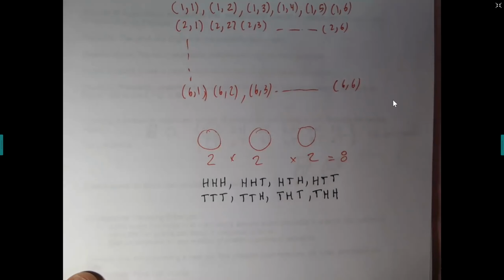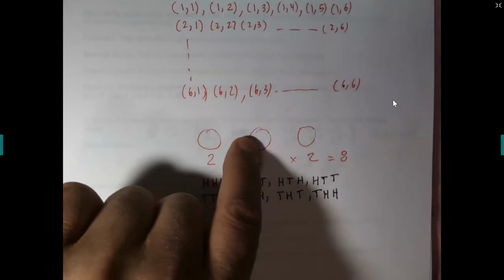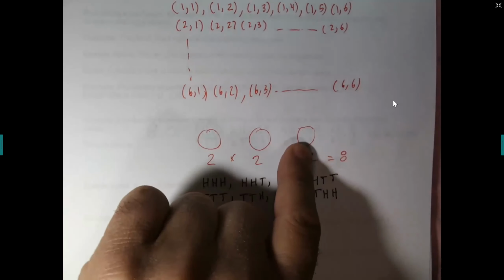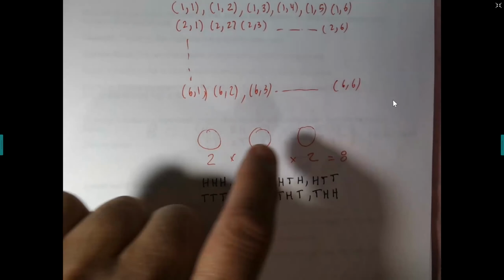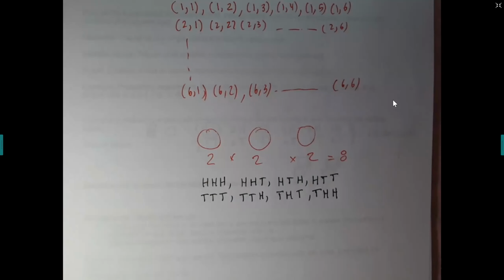Because the rule says, if you know that this can happen 2 times and this can happen 2 times and the third one can happen 2 times, all 3 together will happen 2 times 2 times 2, 8 times. That is the rule. So it's 2 times 2 times 2, 8. No need to list them, but just to show you that I was able to list them.